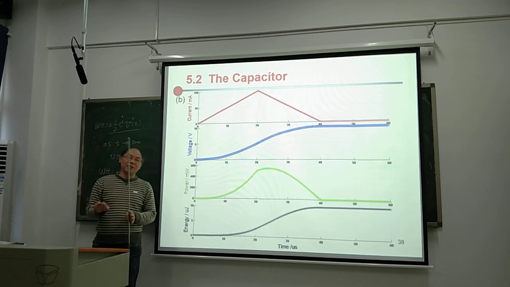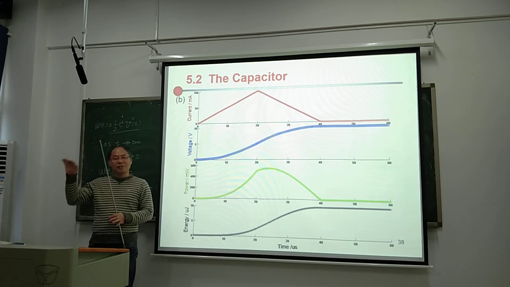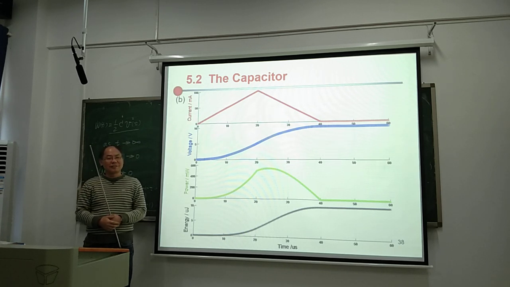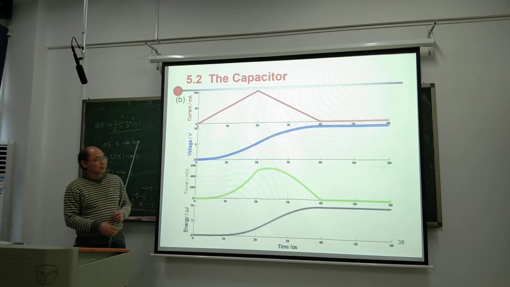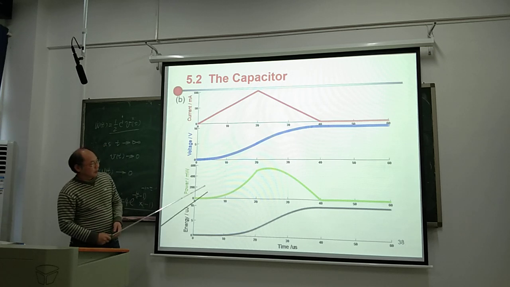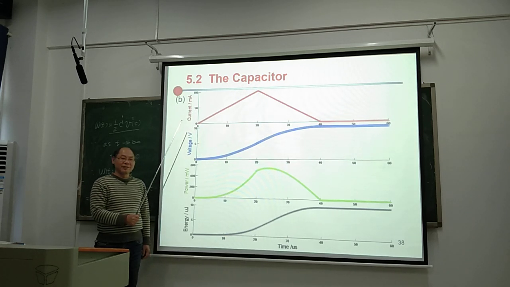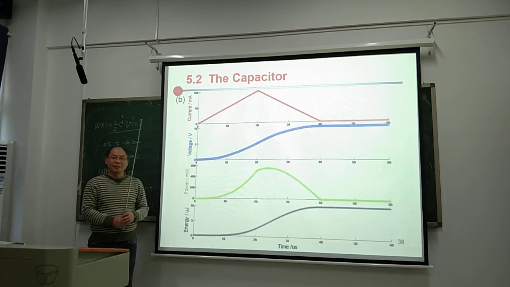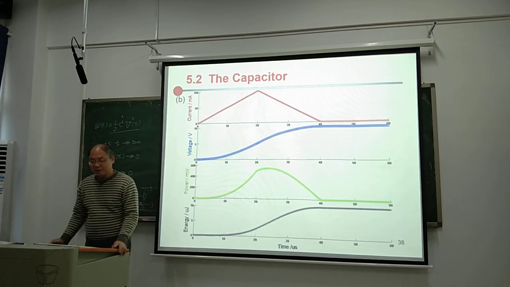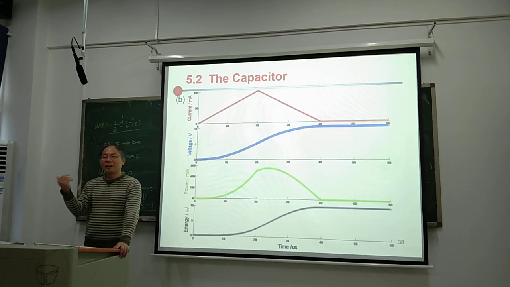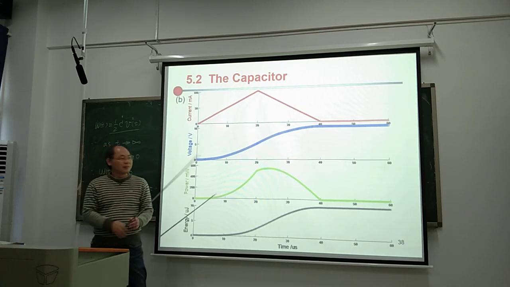So from the four waveforms, at what time interval is the energy stored in the capacitor? Yes, it's stored and not dissipated, because the power is always positive. So the capacitor is always storing energy. It's not delivering.